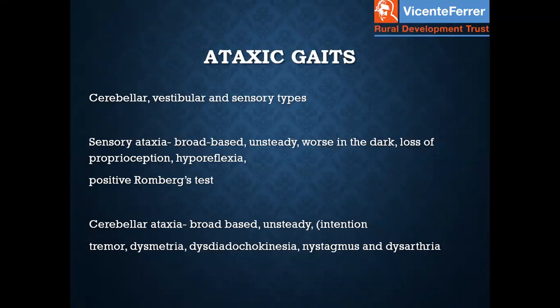And when we examine, one should not forget to do Romberg's test. In cerebellar ataxia, they also will have a broad-based unsteady gait, but they will have other associated findings like intention tremors, dysmetria, dysdiadochokinesia, nystagmus in the eyes, and cerebellar dysarthria.